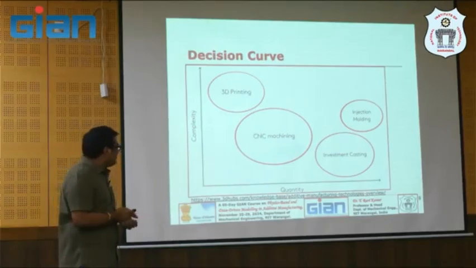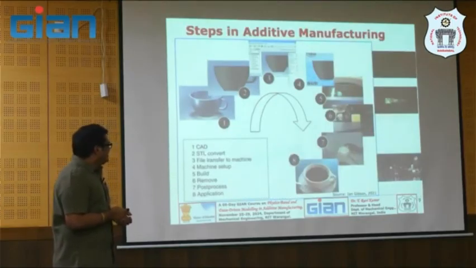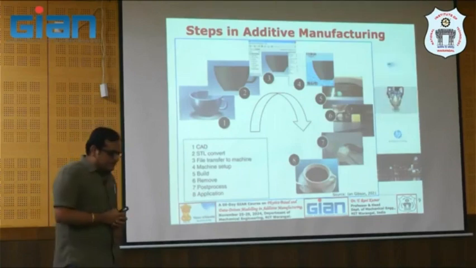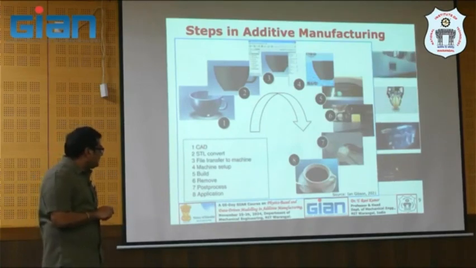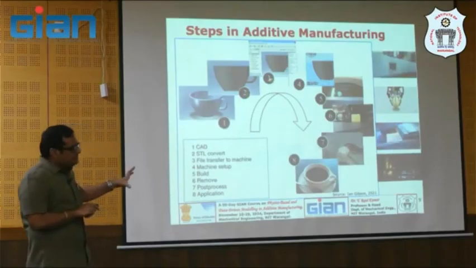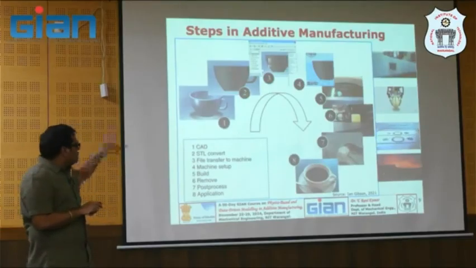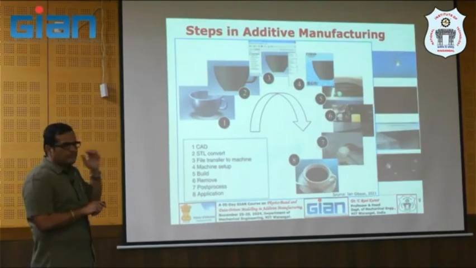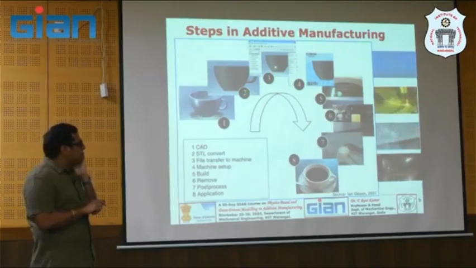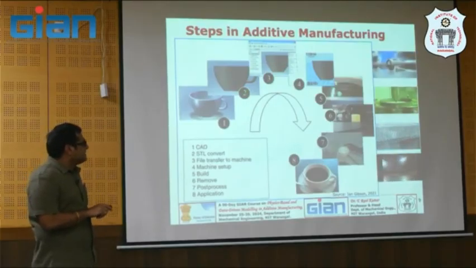And these are the various steps involved in any typical additive manufacturing system. You start with the CAD model, then convert it to an STL file, and then transfer this data to the interfacing software of the machine.